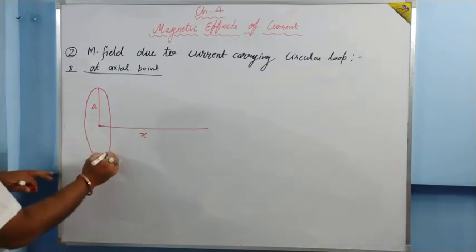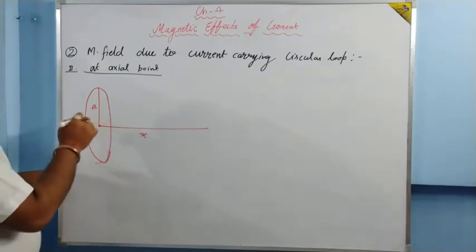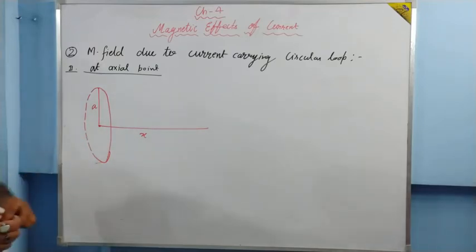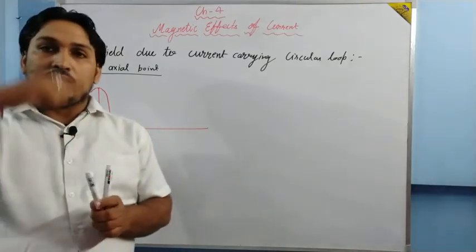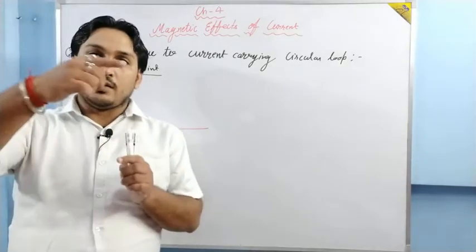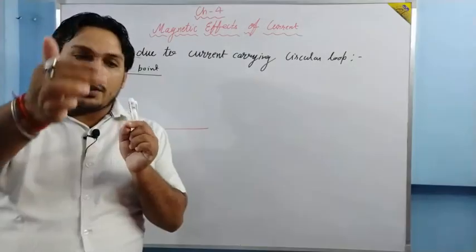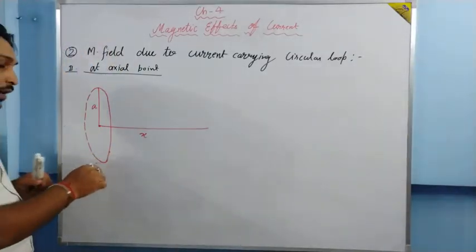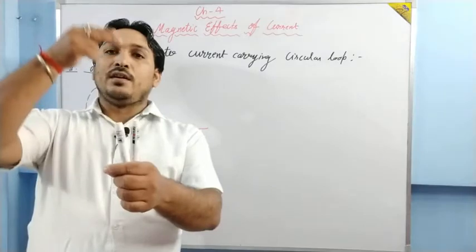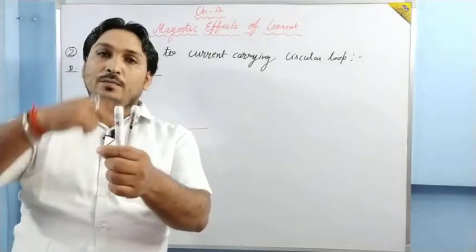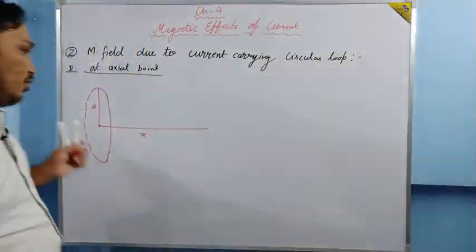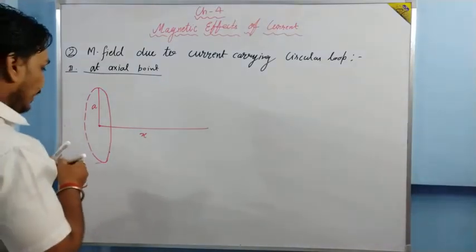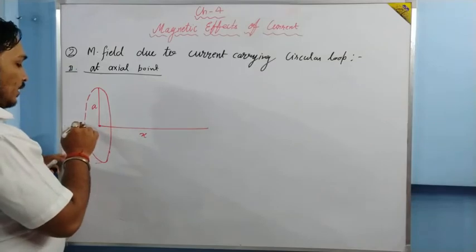So this is the circular ring, and this is dotted, because when we keep that circular ring, it is like this. The part of the ring which is in front of us is made darker, right? And the part of the ring which is behind, the back part, is dotted, so that you can assume. The direction of current in this is like this.